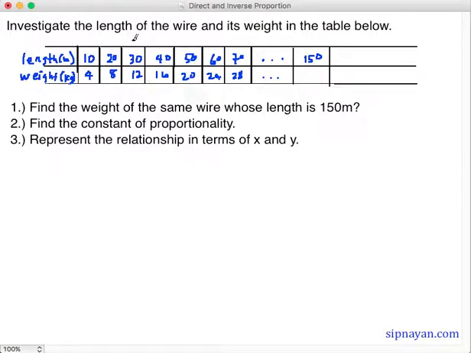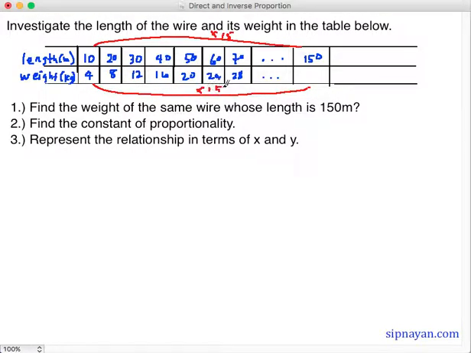Anong i-multiply natin sa 10 para maging 150? Using the old method natin, 10 times 15 is 150. So, nag-times tayo ng 15 dito sa taas. We multiply by 15, therefore we also multiply by 15.